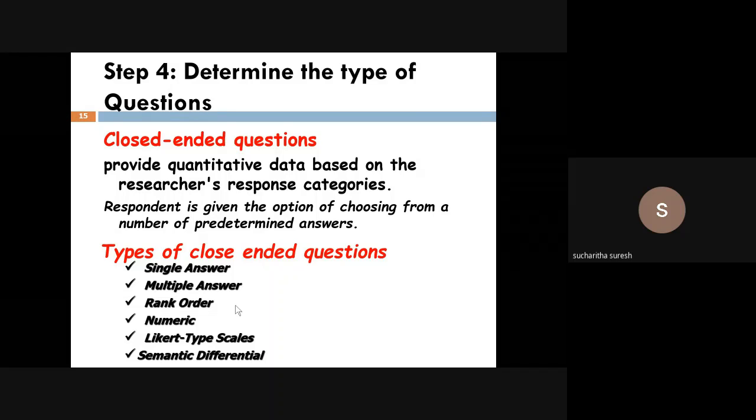Instead of that, if you give strongly agree, neutral, disagree, strongly disagree, is it all right? It is not all right. So where only a rating scale has to be given, like a Likert type scale, you give it there. Questions which are objective in nature have to be given with the multiple answer or the single answer.